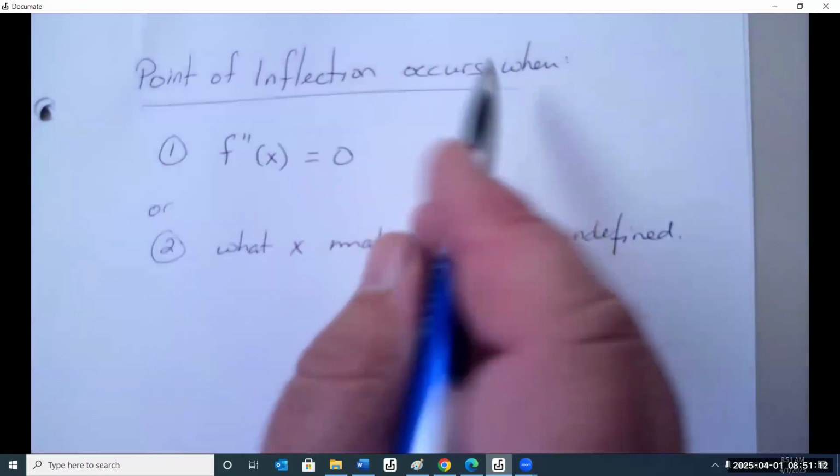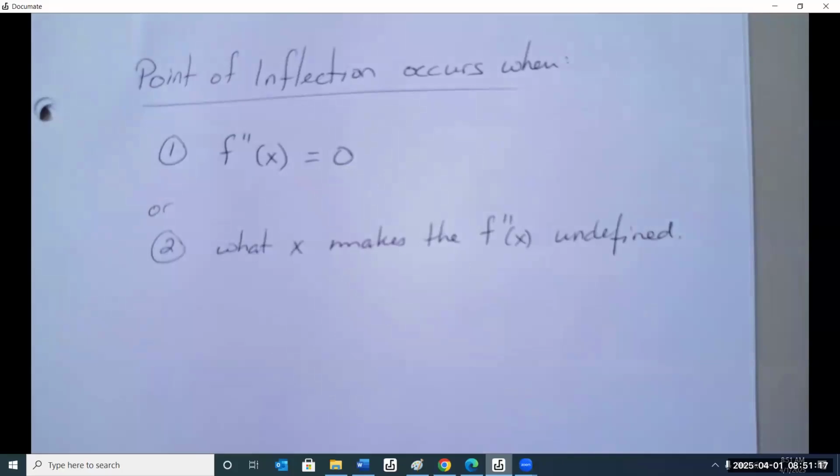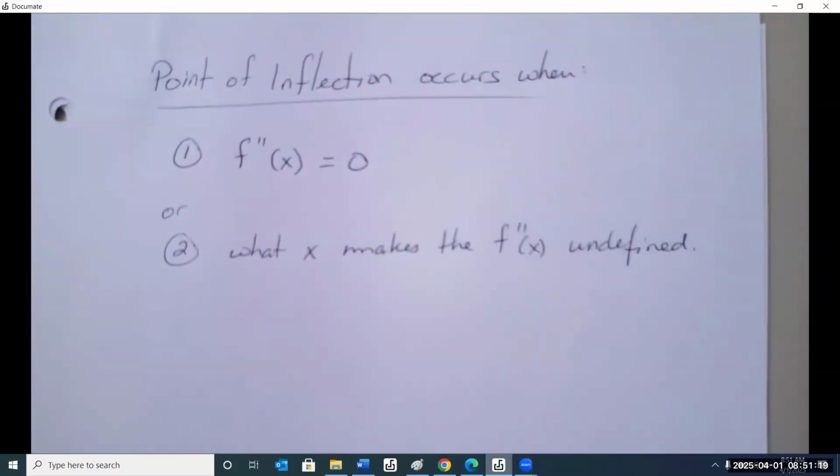So whenever you're asked to find point of inflection, if you can't set it equals 0, if it doesn't exist, then look where it makes it undefined. Those x values will be the points of inflection.